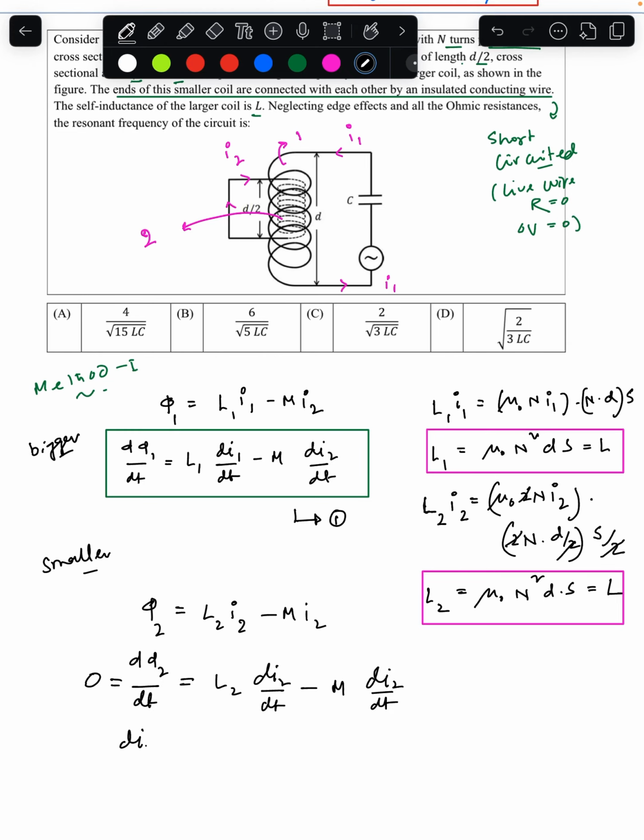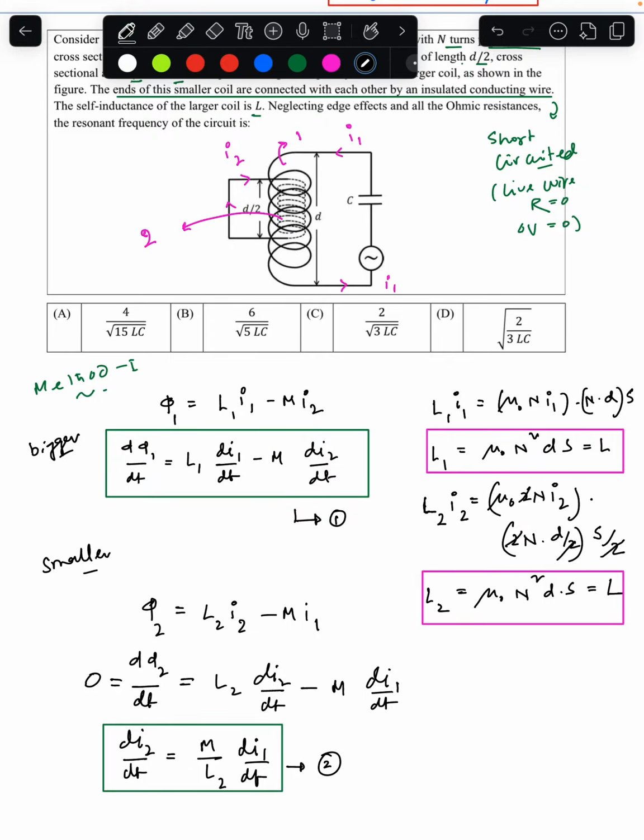Sorry, I think there is one calculation mistake we have made. This has to be I1 because we are talking about mutual inductance. So this is M di1 dt. So di2 dt becomes M by L2 di1 dt. So this is the equation number 2 that we got.